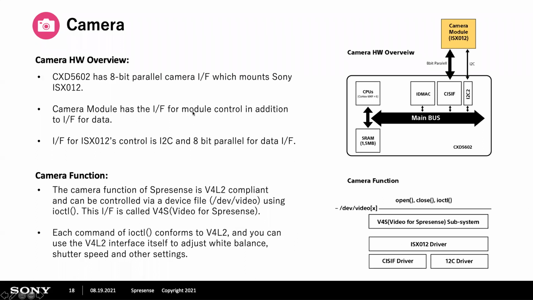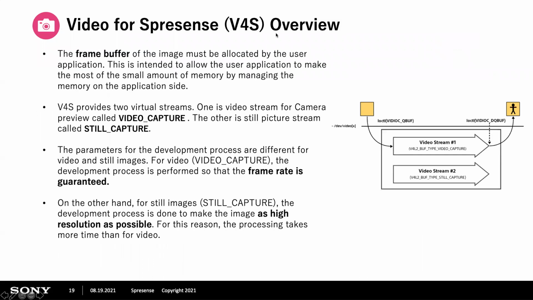its own characteristics. So for example, when you use V4S, please pay attention and make sure that the frame buffer of the image is allocated. This is something on the user side. The reason that you're doing this is to make sure you are managing the resources for memory better.